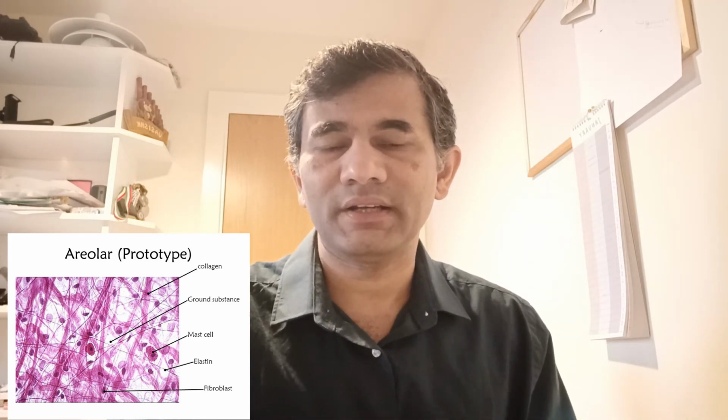It is also found around blood vessels and around nerves and inside the bone, in the bone marrow. Yeah, so these are the locations of areolar connective tissue. It fills up the space inside the organs. So in our body organs, wherever there is an empty space, there is a packing of areolar tissue. And it supports the internal organs and it helps in repair of the tissue as well.